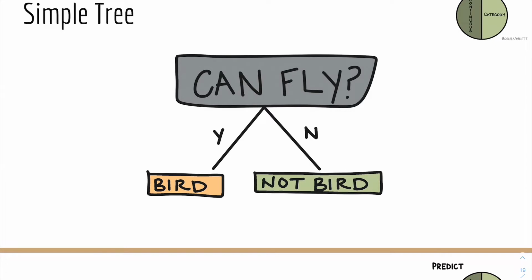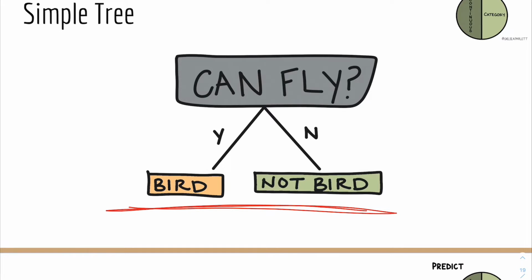We can use this to make a decision tree, and actually a decision tree that has only one layer of nodes is called a decision stump, which I think is kind of funny. Anyway, you can have this decision tree where if the animal that we're looking at from our data set can fly, then we will classify it as a bird. If it can't fly, then we will classify it as not a bird.